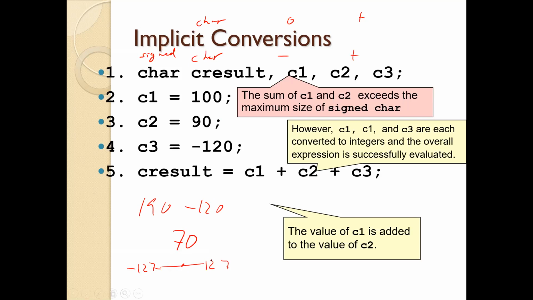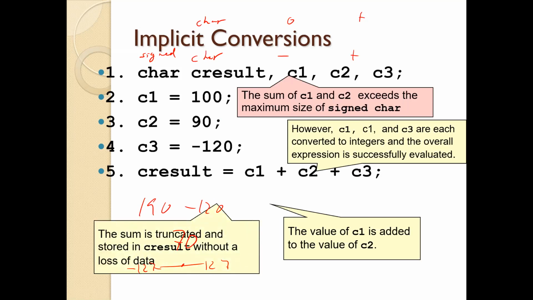So again, it fits within the data type. The sum is truncated and stored in the result without any loss of data. No problem there. The problem would be if you did this and the resulting value was still above 127.